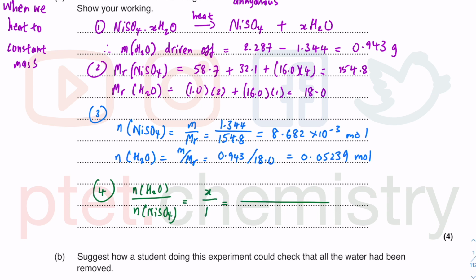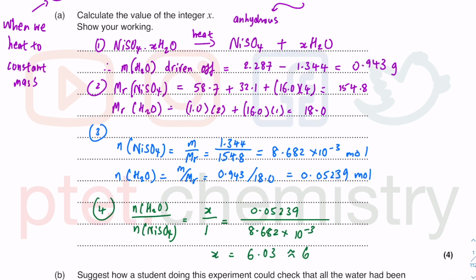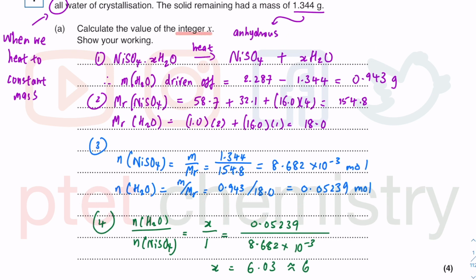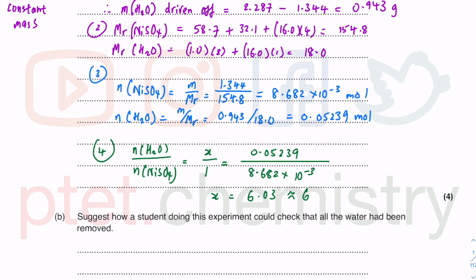On the top there is the moles of water, 0.05239 mole, and at the bottom the moles of nickel(II) sulfate, 8.682 times 10 to the minus 3, to get the simplest whole number ratio. I get 6.03, which to the nearest whole number is 6, as the water of crystallization has to be an integer according to the question. And that's it for that 4 marks overall question.